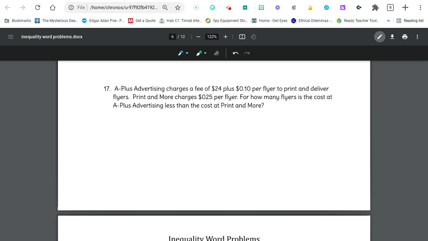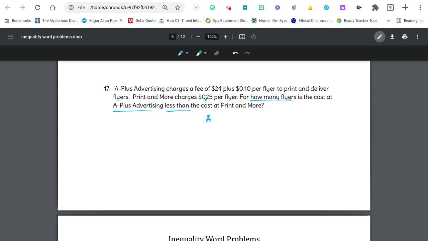A Plus Advertising charges a fee of $24 plus 10 cents per flyer to print and deliver flyers. All right. Print and More charges 25 cents per flyer. For how many flyers is the cost at A Plus Advertising less than the cost at Print and More?